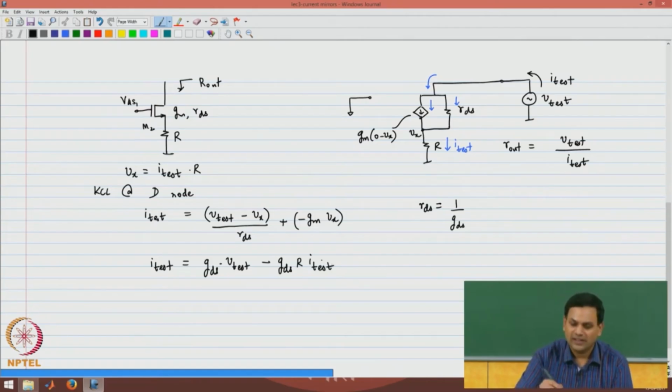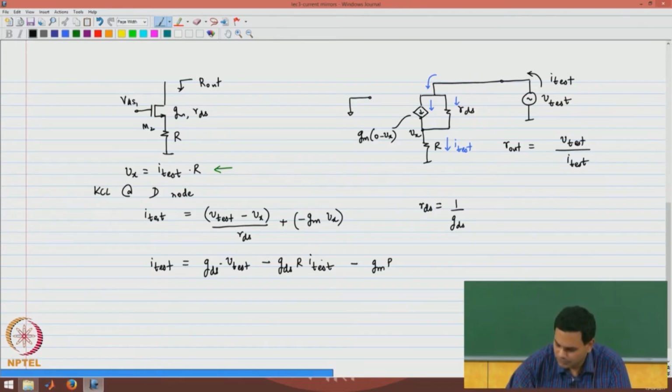Vx I am going to replace with this expression, and now I am going to group together all the terms of I test on one side.